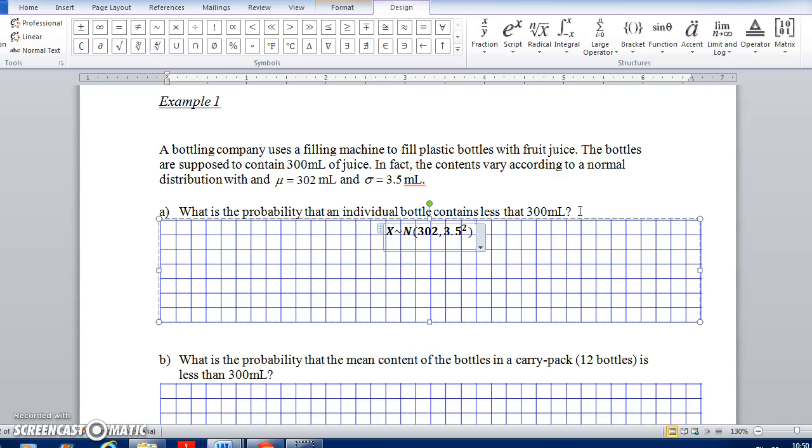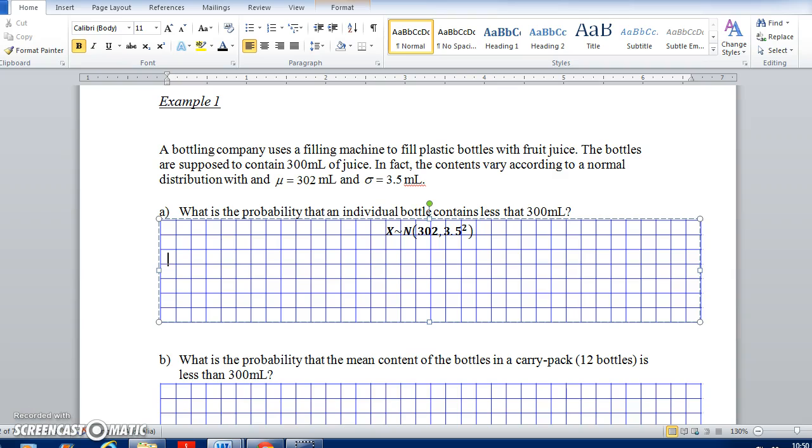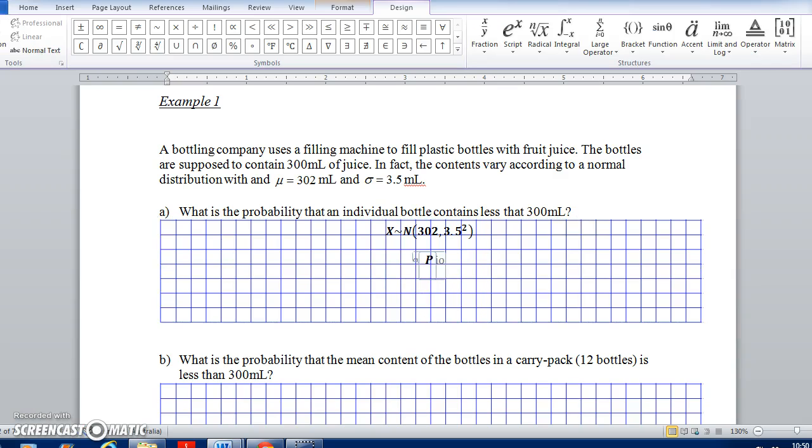So that's the distribution we're working with, and we want to know the probability of a particular bottle containing less than 300 milliliters. This is simply what we saw last week using the NCD function on your calculator.